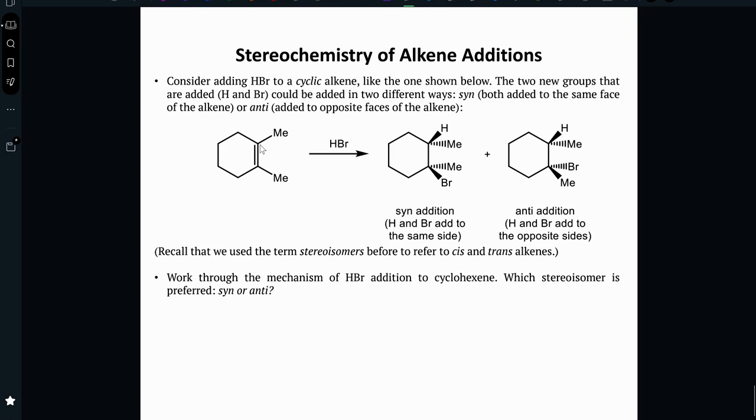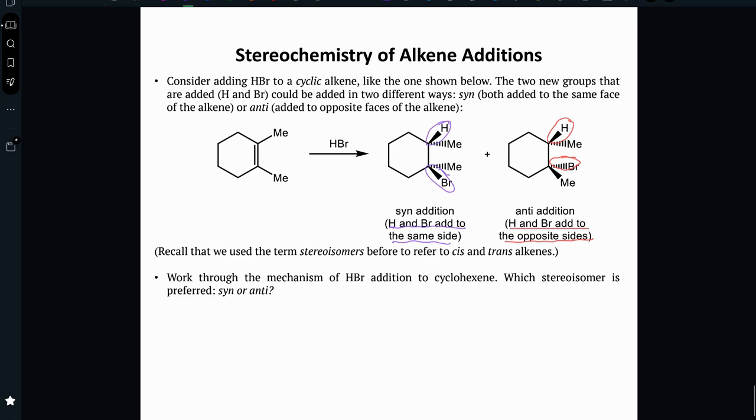In other words, where the H and the Br are on the same side, they add to the same face of that alkene. Or we could imagine adding them to opposite sides, H and Br adding to opposite sides, where one is coming forward and one is going back. See here, forward and back, opposite sides, versus forward and forward, same side.